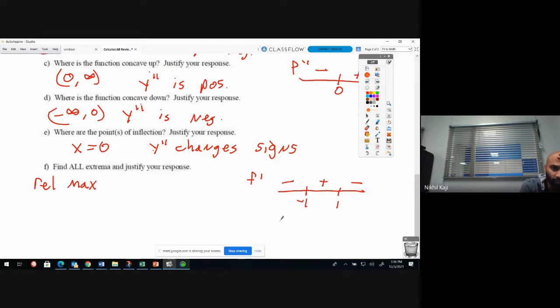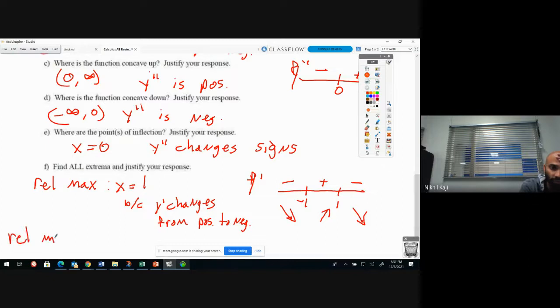That's when my derivative changes from the top of the curve. x equals 1 because y prime changes from positive to negative.